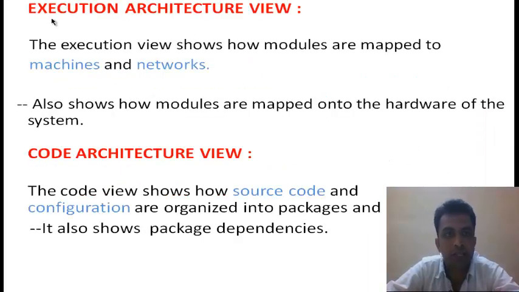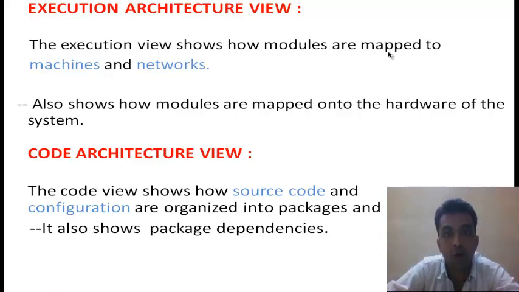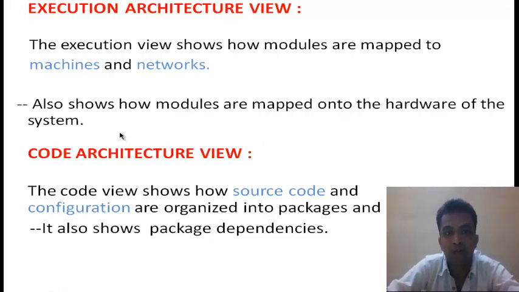So here is the execution view in short. First point, the execution view shows how the modules are mapped to the machines and networks. Two words are important here. Second, it also shows how modules are mapped onto the hardware of the system. Hardware and software are both included here because it is about execution, and while executing anything we require software as well as hardware.